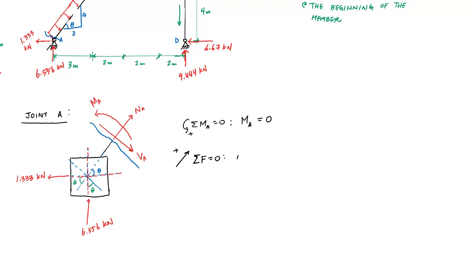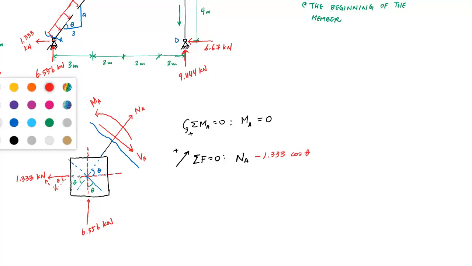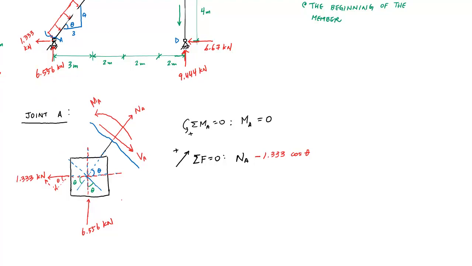If I break it up like this, I know that my blue line here is parallel to that line right here, so this is my angle theta right there. And so in that NA direction, I would have a negative 1.333 cosine of theta. And then for my 6.556 kilonewtons here, I would break up my triangle like this.